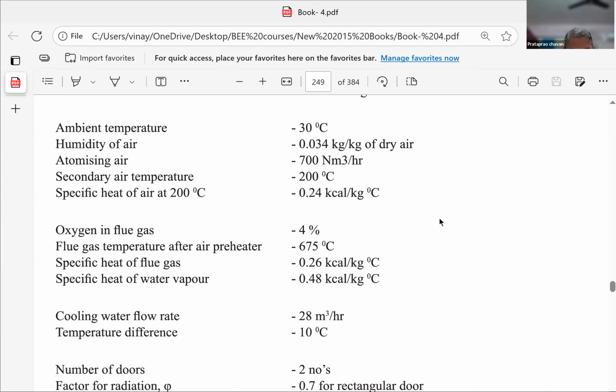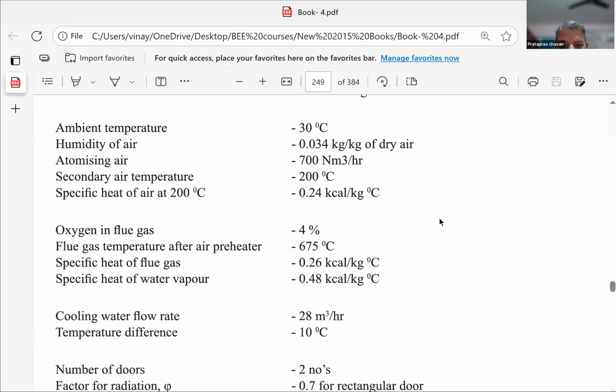Provided you have systematically shown how you have proceeded. Or suppose in assuming the specific heat, instead of 0.24, you assume 0.3 or 0.25 or 0.28. Right there, write that I assume specific heat so much and then calculate. You are right. Got it?